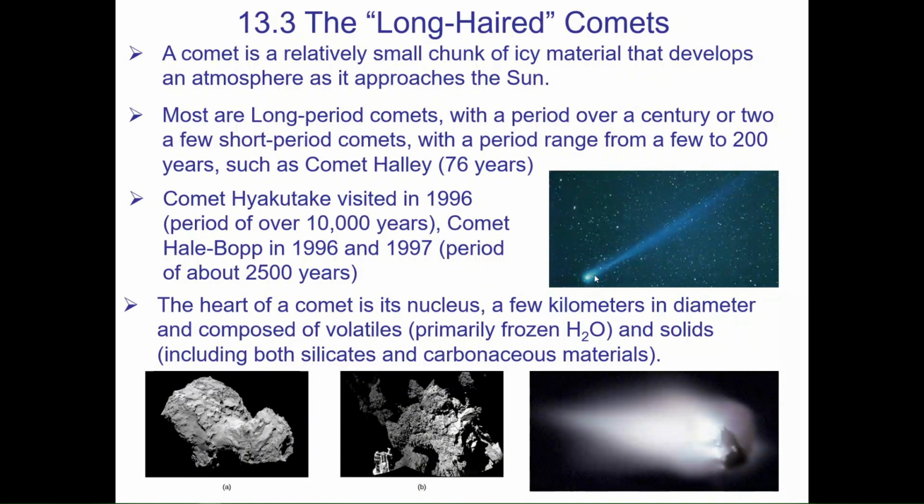All the light we see is actually from the atmosphere of the comet, developed when it is close to the sun. And the only way to really see the nucleus is for a spacecraft to fly close to a comet and take pictures.